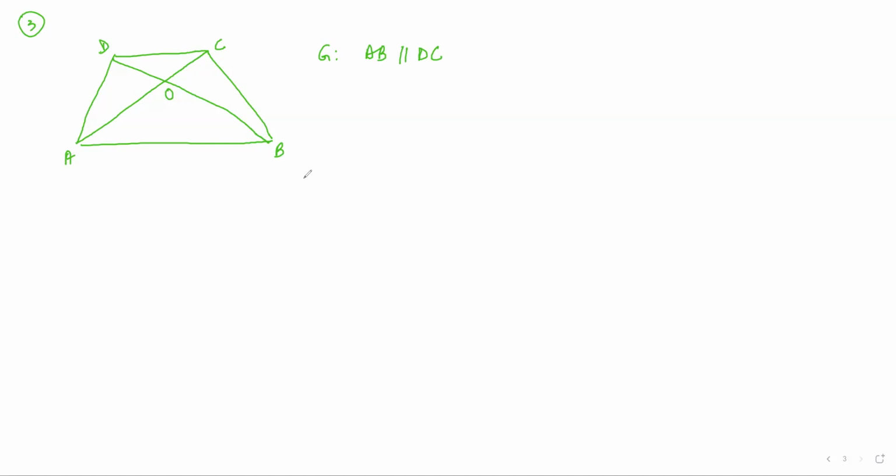Using a similarity criterion for two triangles, show that OA upon OC is equal to OB upon OD. So see here, OA is this and OC is this, right?